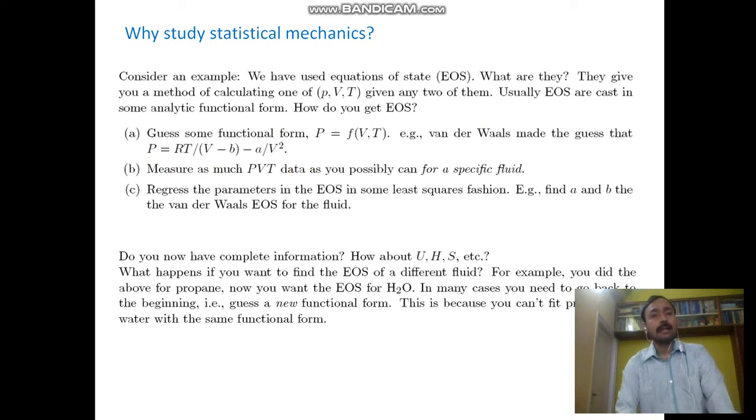Measure as much PVT data as we possibly can for a specific fluid. Regress the parameters in the EOS, that means equation of state, in some least squares fashion. For example, we have to find A, B in the Van der Waals equation of state for the fluid.